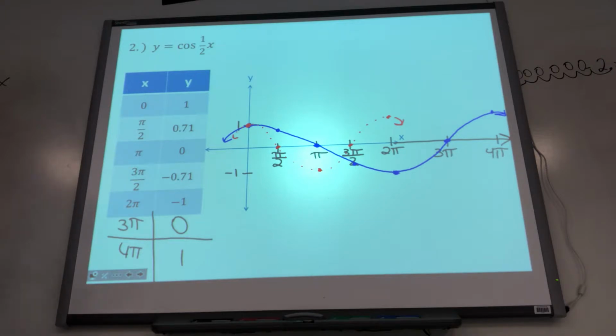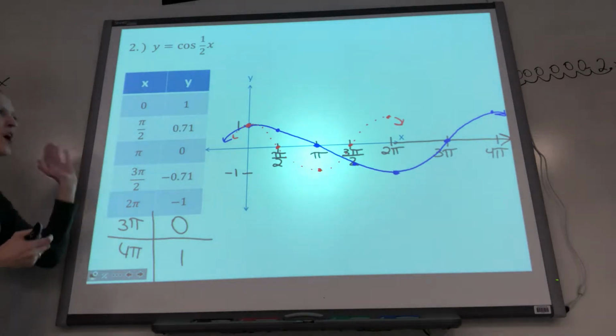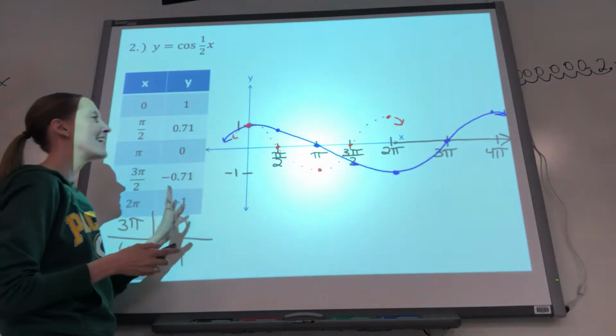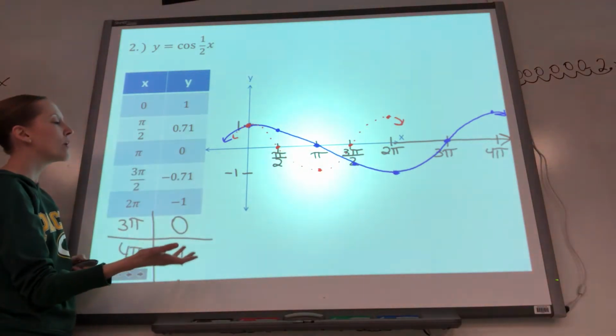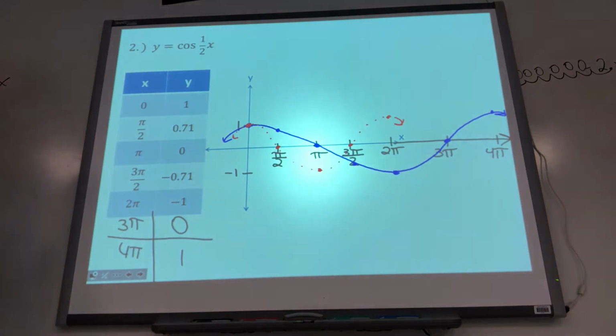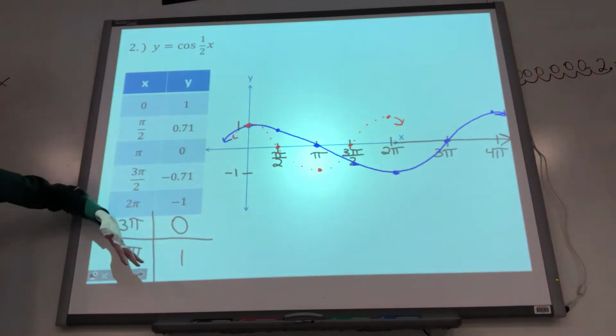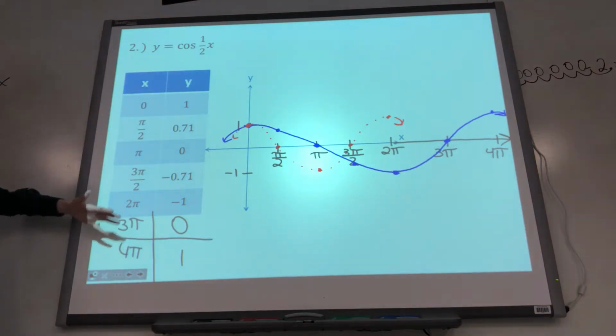Now, good news for you guys. We're done graphing today. That's one thing there. We're done graphing. But everything that we learn for the rest of the lesson today is going to build us up to where we don't have to make tables every single time we have to graph.